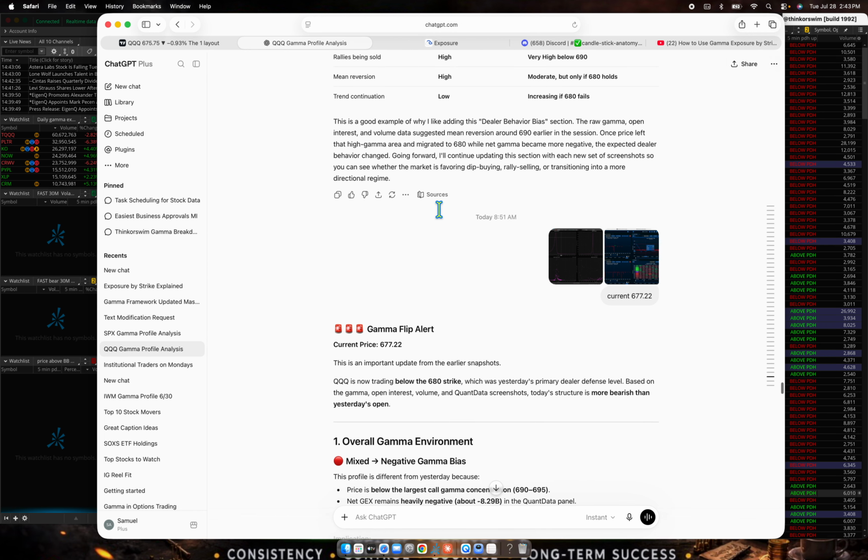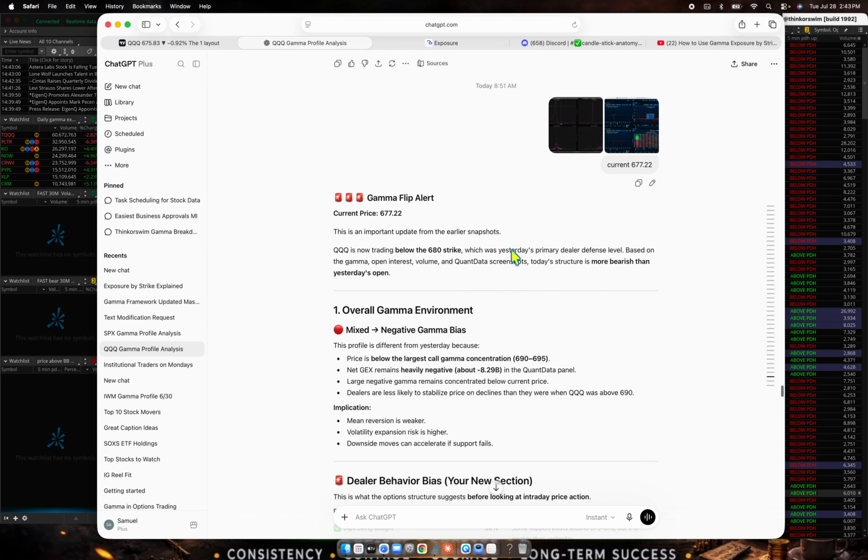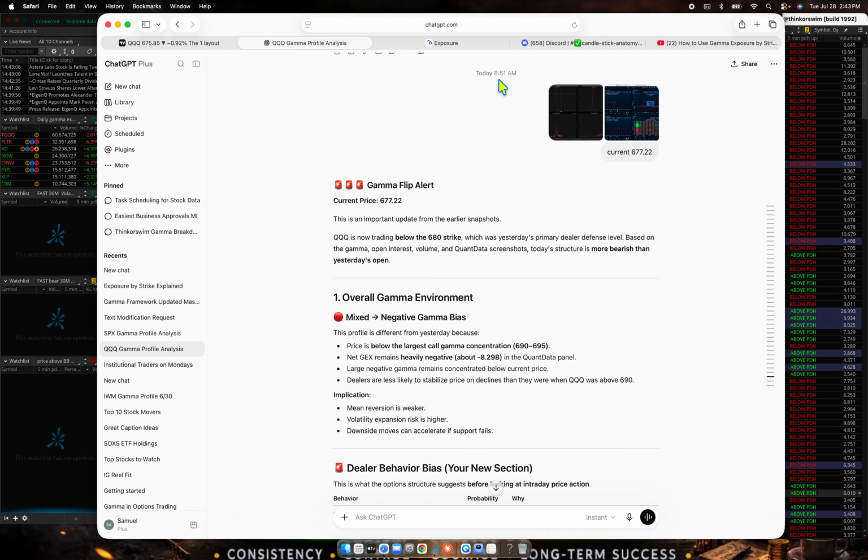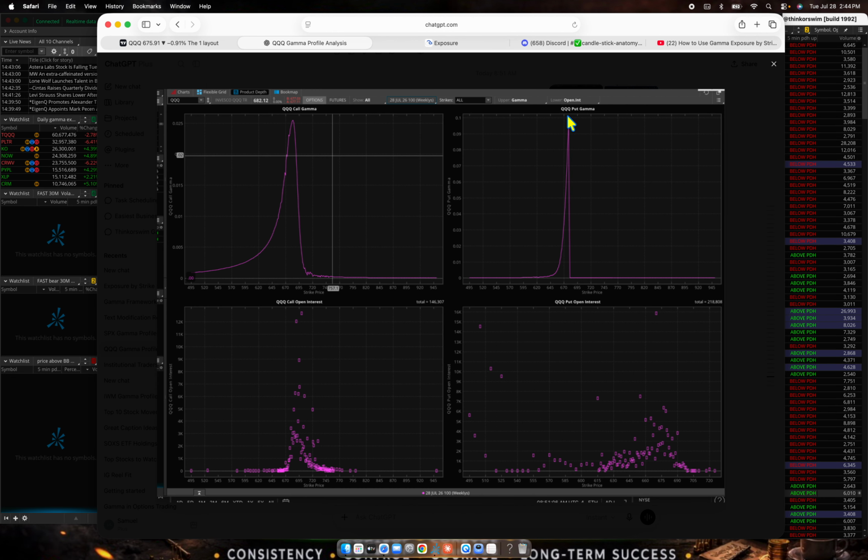Let's find where we were at this morning. As you see here, today at 8:51 a.m., I also entered, because it only gives me, as I was explaining to you guys, the open interest for calls and also for puts, right? So this was the screenshot that I inputted this morning on July 28th, 2026, as you see down here, and up here, Tuesday, July 28th.